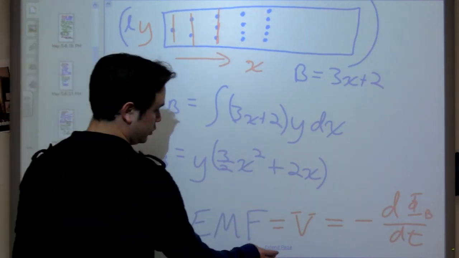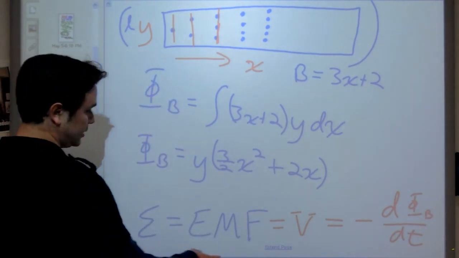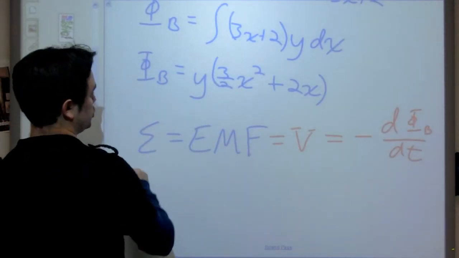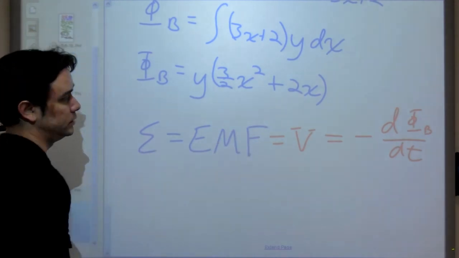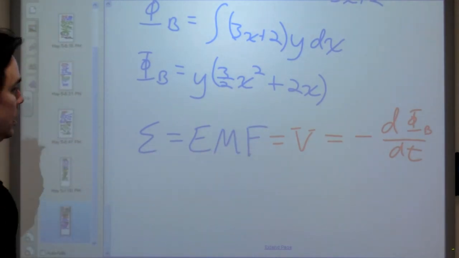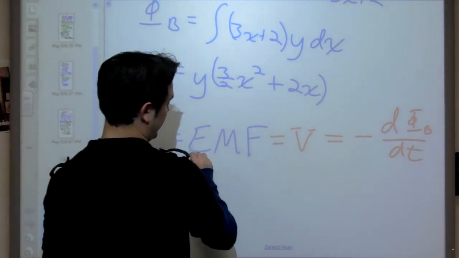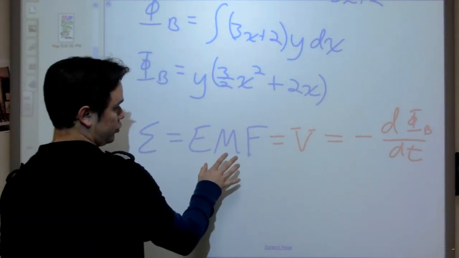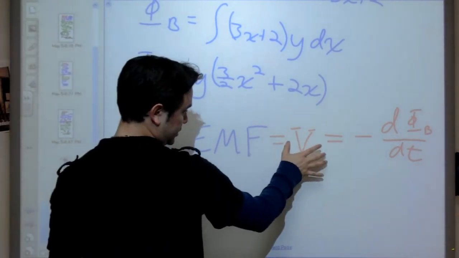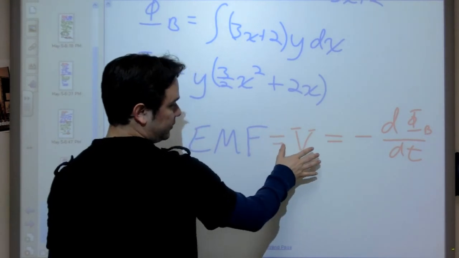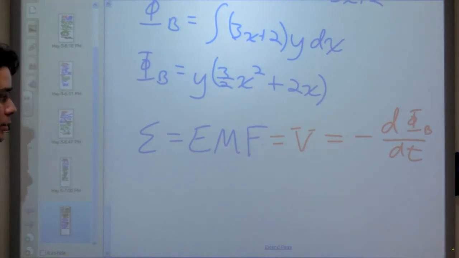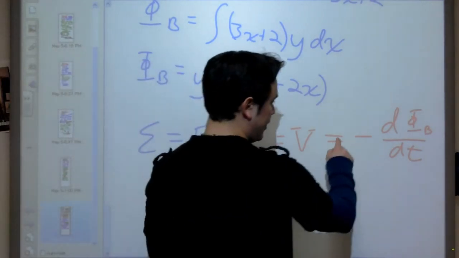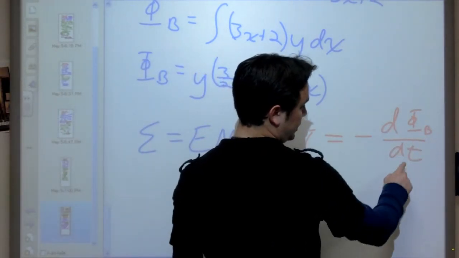Now, one of the things that you could do with this is you could turn around at the end, and now that you've got a function for your flux, although this is a function with respect to displacement or position, you could then also bring in your EMF, your electromotive force, which for all intents and purposes is effectively equal to a voltage that is pushing charge around in a circuit, and that'll be equal to negative d phi dt.